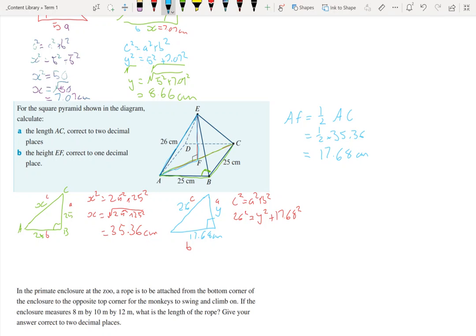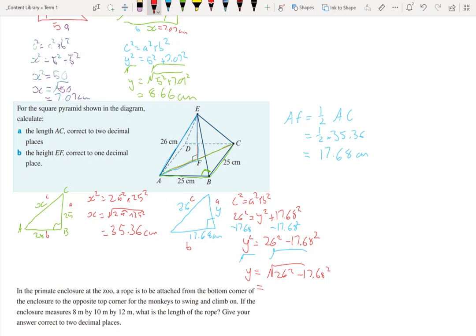First, I'll minus 17.68 squared, which gives me y squared is equal to 26 squared minus 17.68 squared. Then I'm going to square root both sides to get rid of that squared attached to the y, which leaves me with y equals the square root of 26 squared minus 17.68 squared.